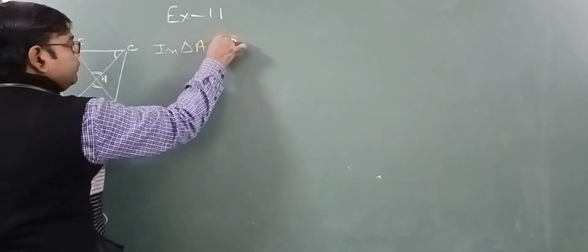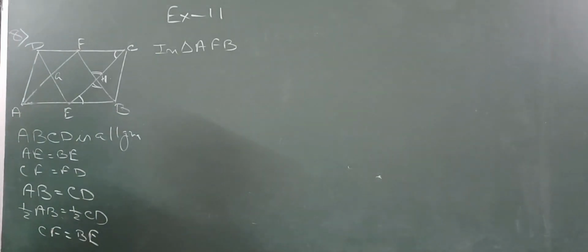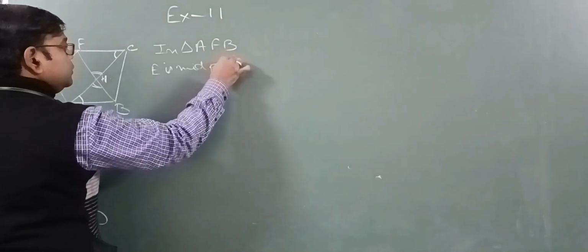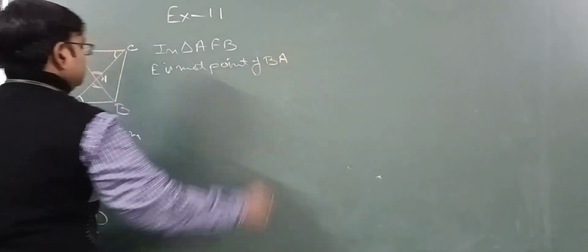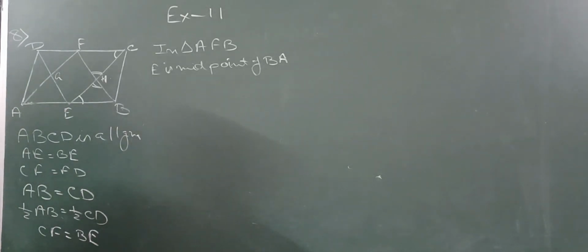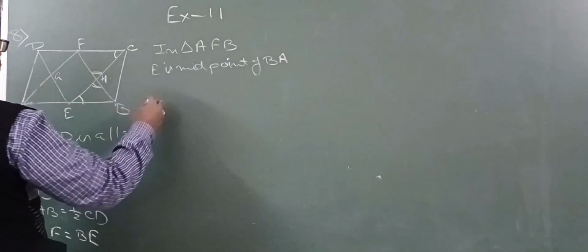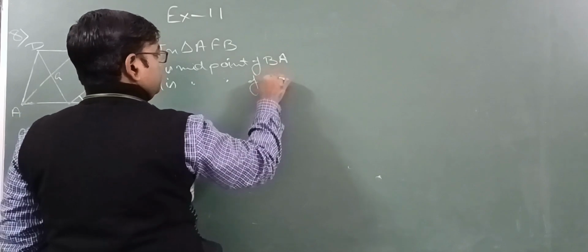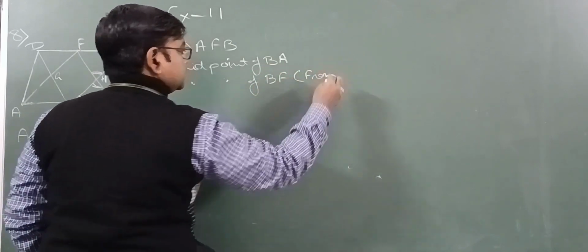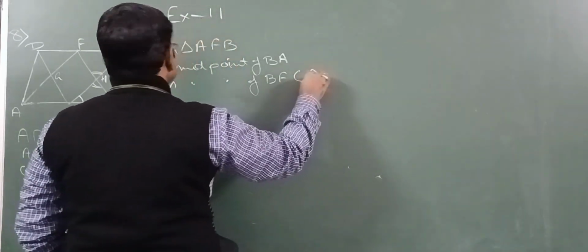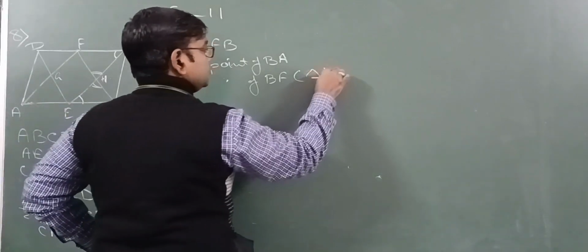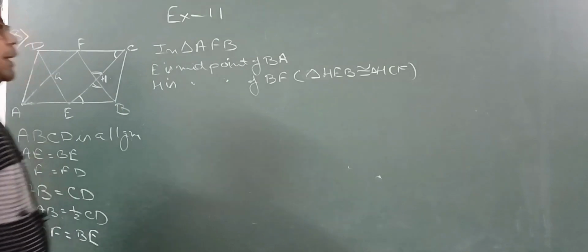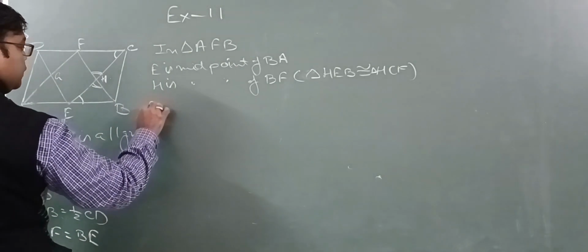In triangle AFB, as we know, E is the midpoint of BA, and also from congruency we can say that H is the midpoint of BF, because triangle HEB is congruent to triangle HCF. Clear?